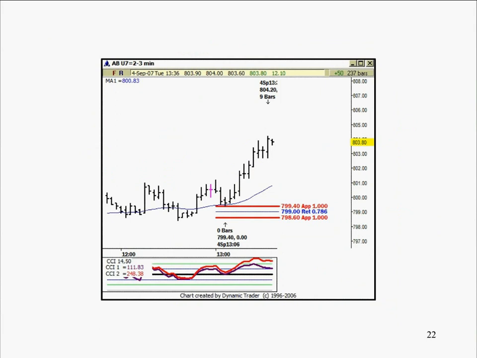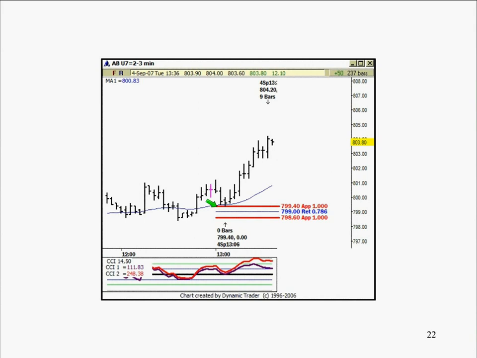But here we had a couple of symmetry projections. We hit and held the first one, and this is also what I call an ideal setup. So for anyone who's read the book, all my setups are in there, but this is what I call the ideal setup because it includes symmetry.